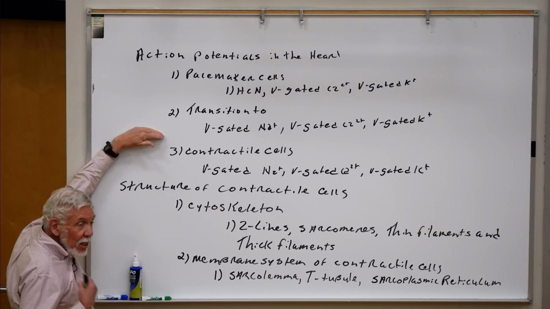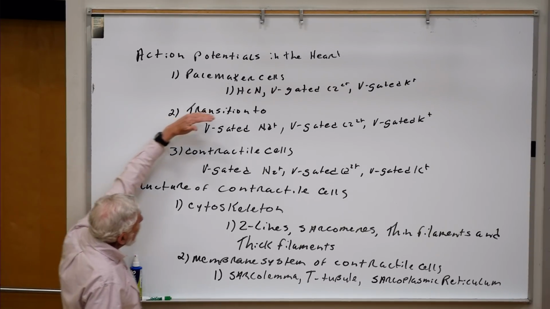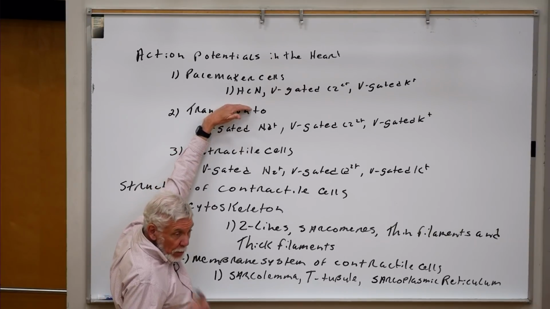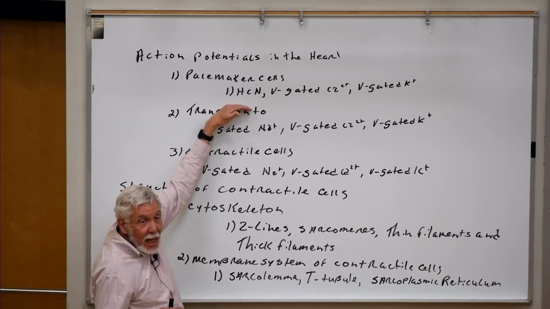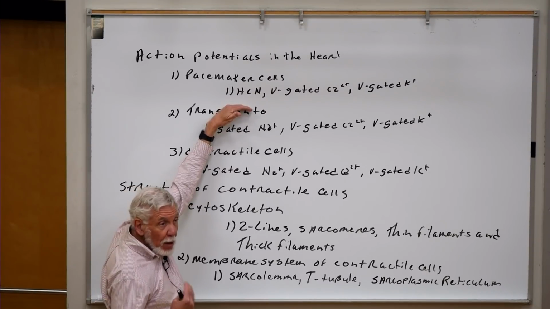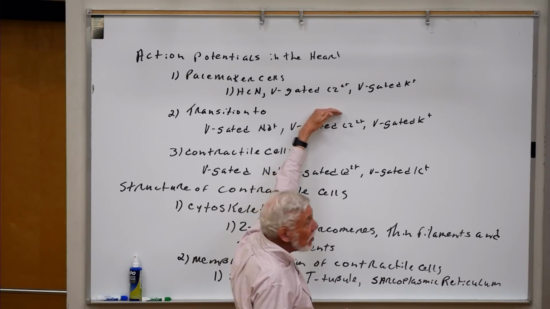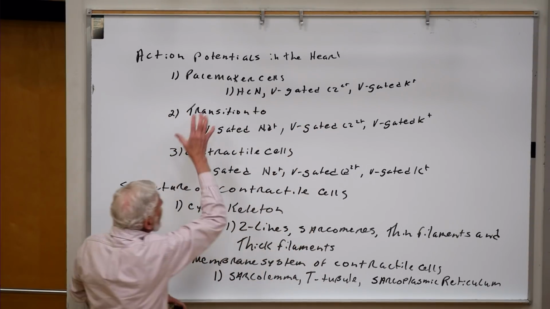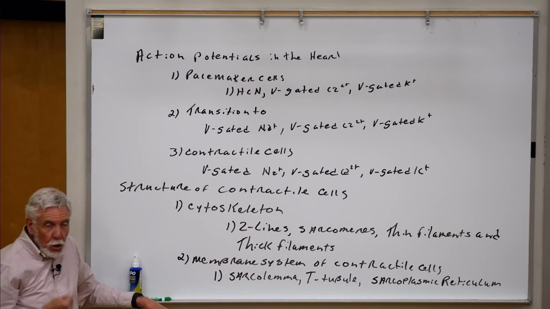We now begin to transition into a different set of channels. We begin to lose the HCN channels because remember, these are the channel types that are determining the slow depolarization to bring the membrane potential to threshold to activate voltage-gated calcium channels. And as we move farther and farther from the pacemaker cells, we now begin to see an incorporation of voltage-gated sodium channels.